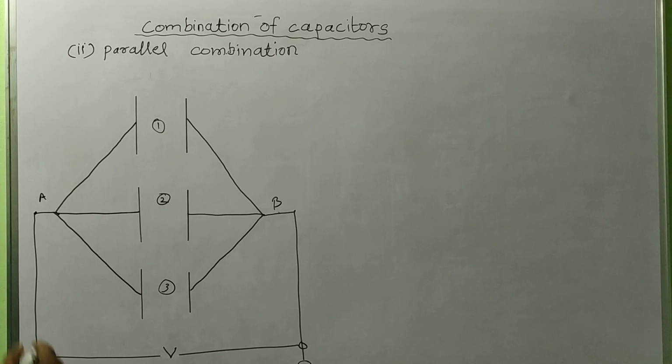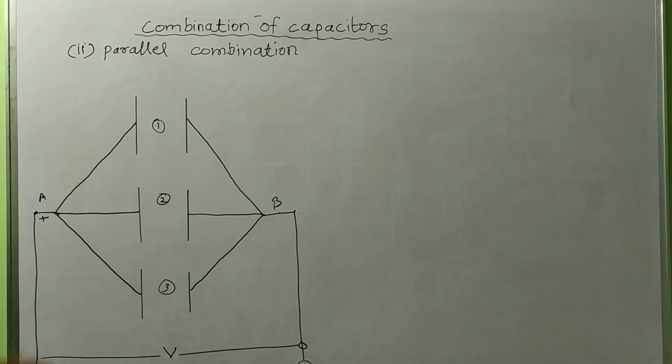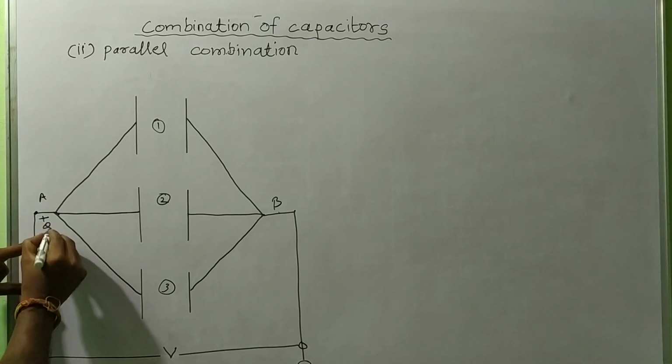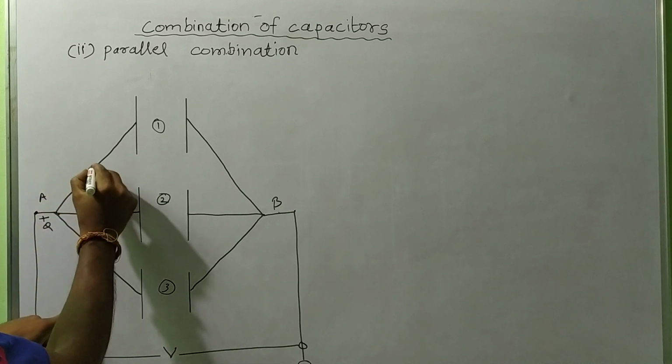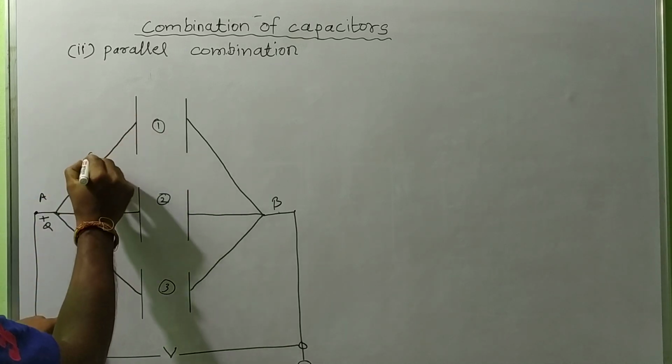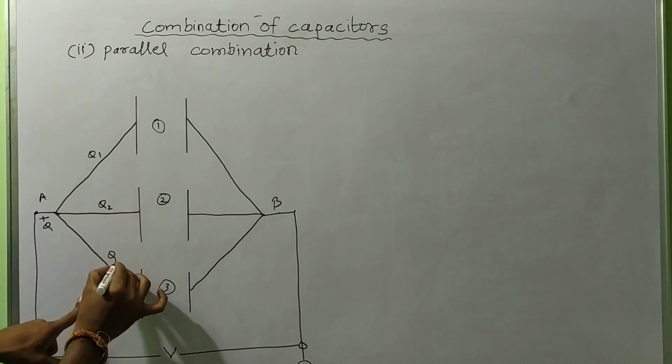Let plus Q charge be given to this common point. So this plus Q charge will be distributed in three ways: here Q1, here Q2, and here Q3.